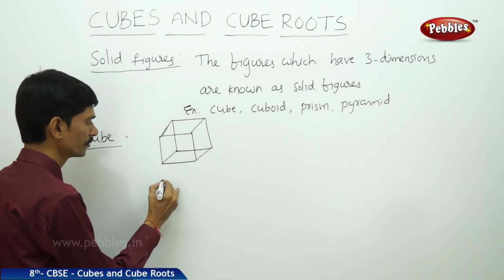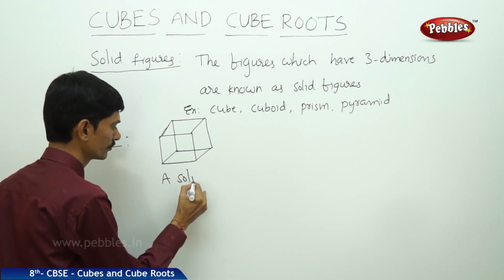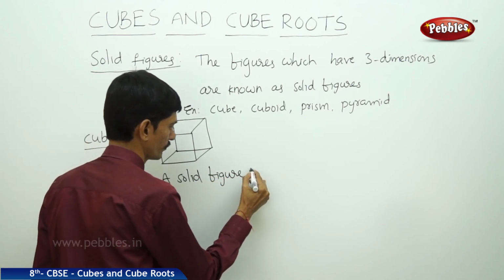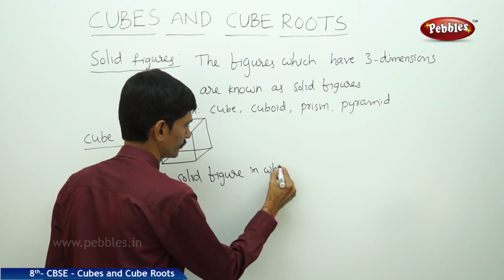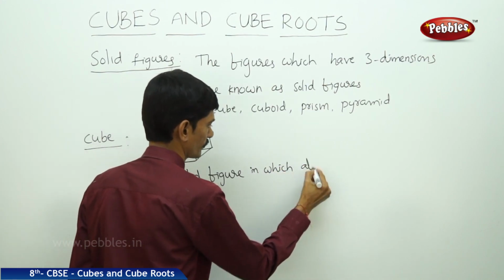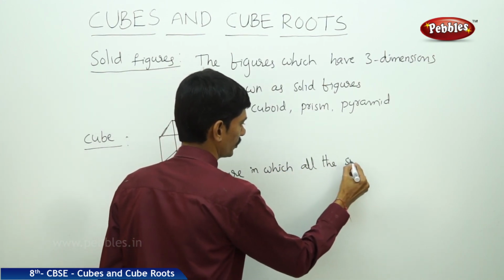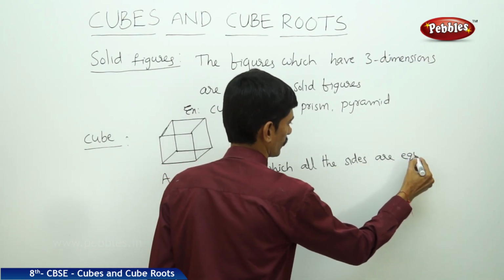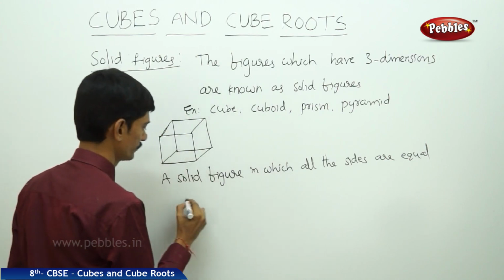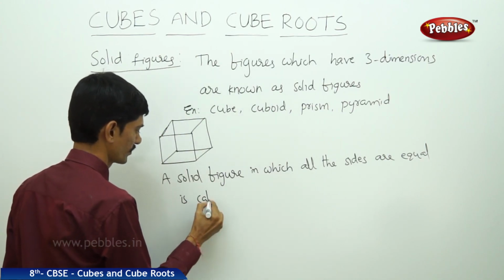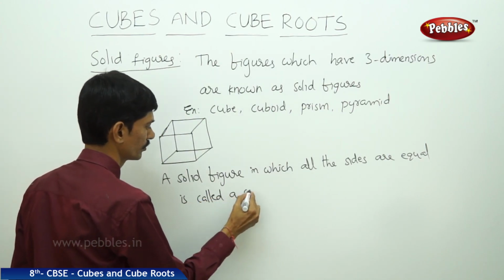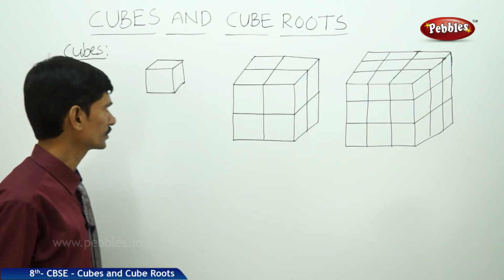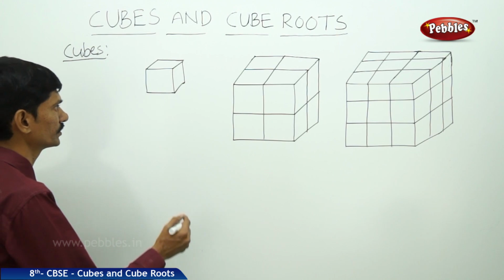So that is called a cube. A solid figure in which all the sides are equal is called a cube.